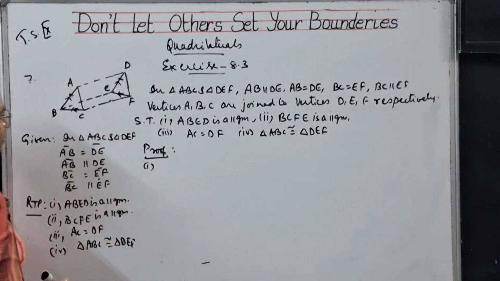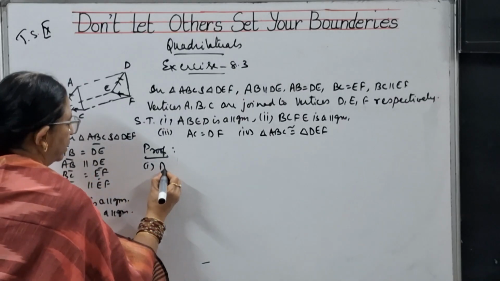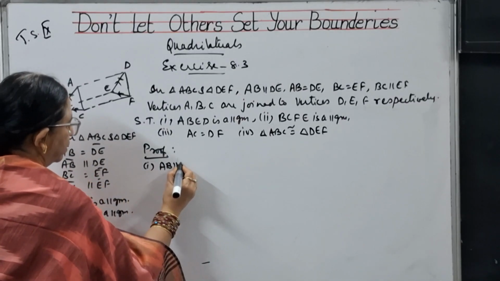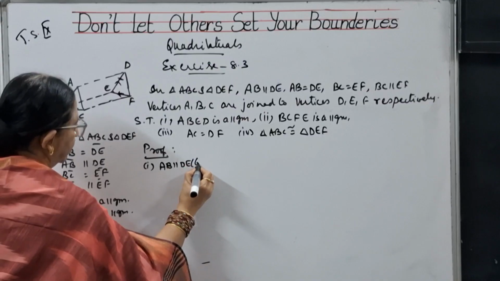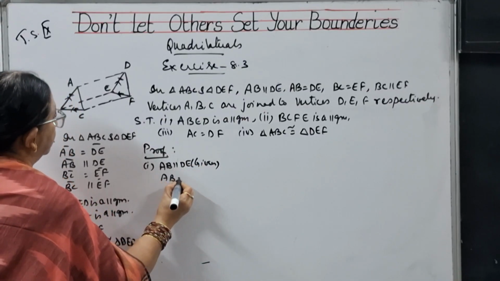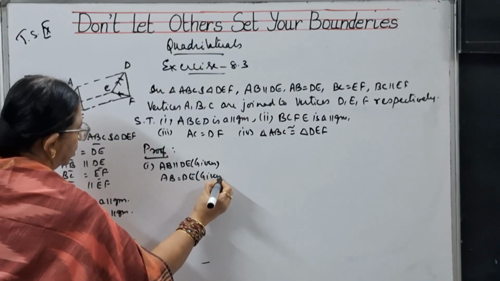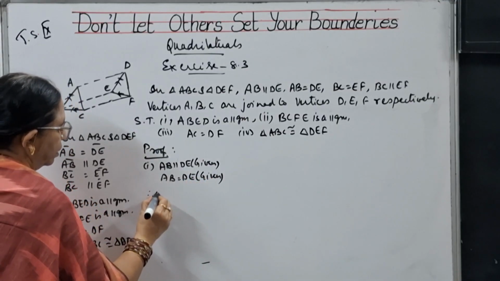Let us go to the first one. AB is parallel to DE. This is given. And AB is equal to DE. This is also given. So what you can say?